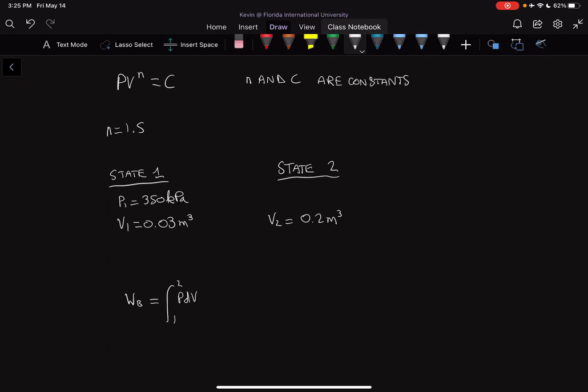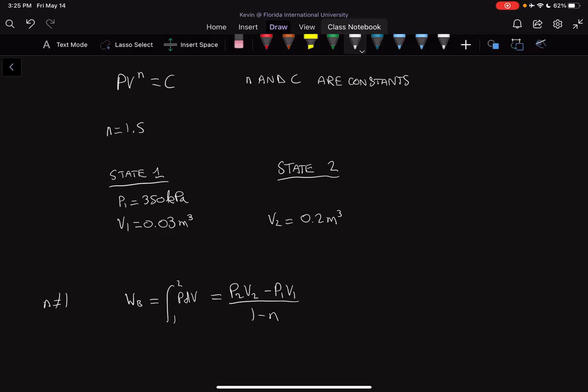And since our N is not equal to 1, we can use our first equation that we had written out, which was P2 V2 minus P1 V1 over 1 minus N. Okay, that's the equation for N is not equal to 1.